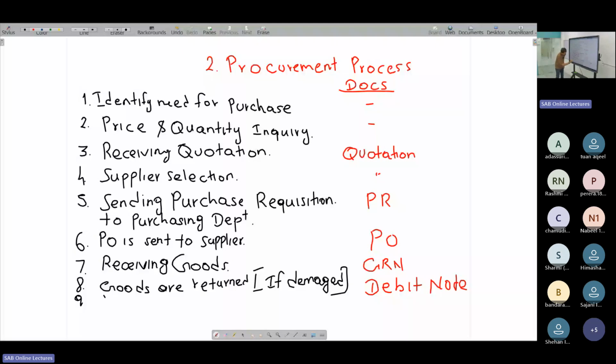So receiving invoice, and 9.1, make the payment.